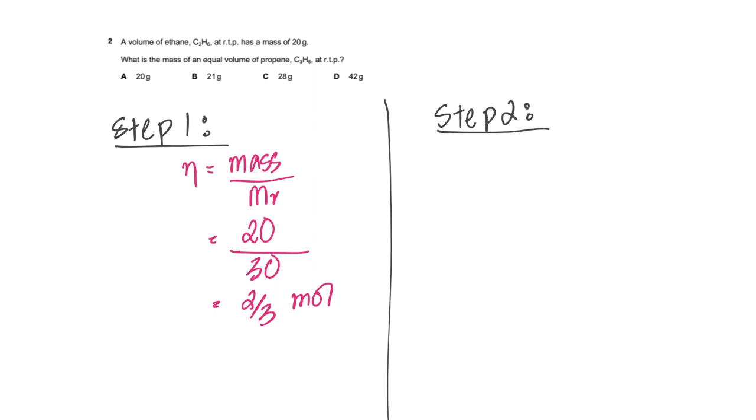Well, the mole is 2/3. Let's try to figure it out. So for propene, on the left we talked about ethane, which is C2H6. Over here we're talking about propene, C3H6 again. Okay? And try to do this. So it's again mass over MR.